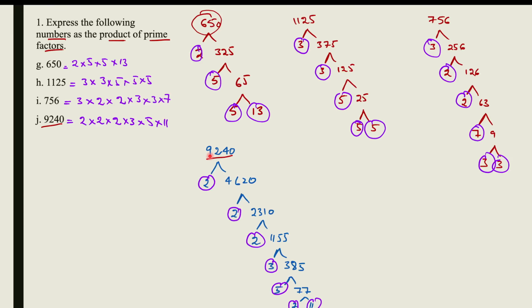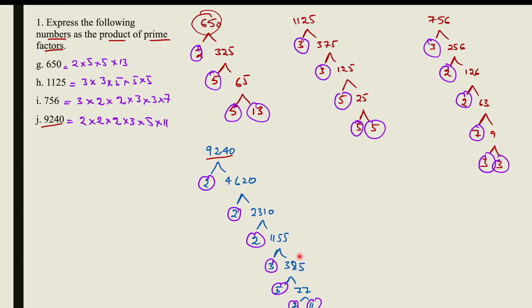9240, being a 4-digit number, is done the same. 2 multiplied by 4620: we first write this number as 2 factors, then the prime is circled and the composite is split further. 2 multiplied by 2310 gives us 4620, then it is again split into 2 factors. 2 being the prime is circled. 1155 being a composite is further split, where we get 3 multiplied by 385.